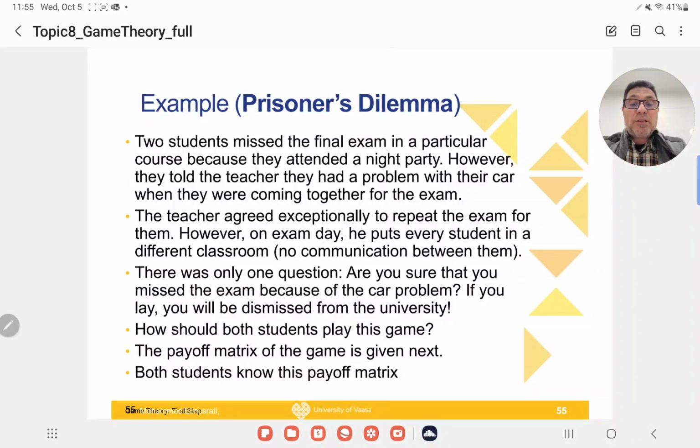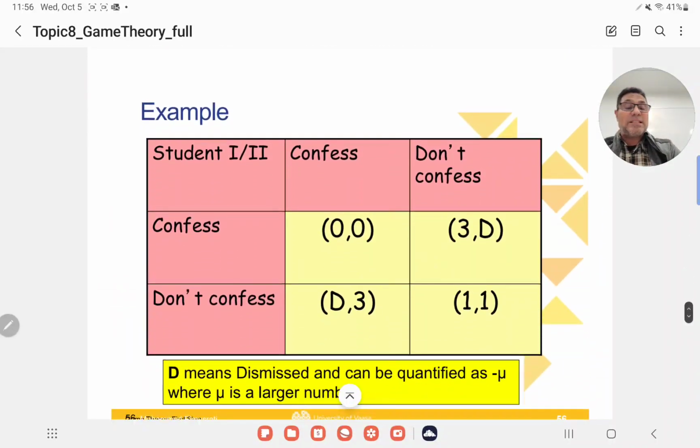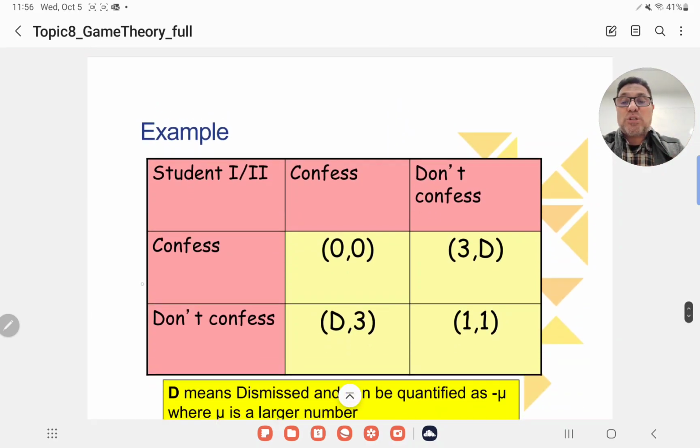The payoff matrix of the game is given here, so we can see that this is the payoff matrix of both students. This is for student 2 and this is for student 1.